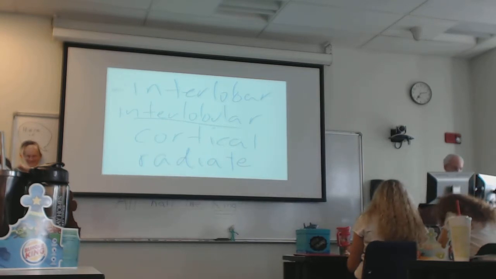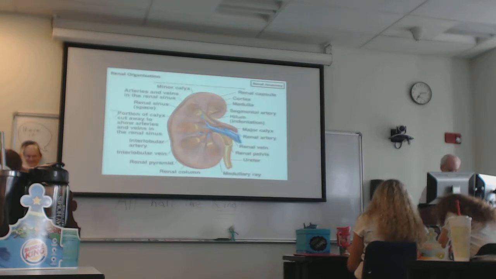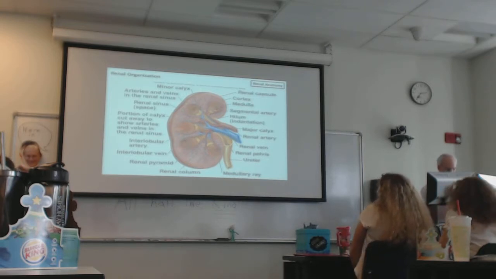But again, just be aware of this error. I think it's corrected in a later illustration we'll look at, but just be aware of that ambiguity. So these would be the radiant arteries out here, interlobular, whichever you prefer.